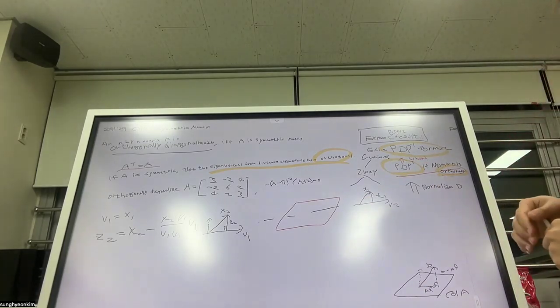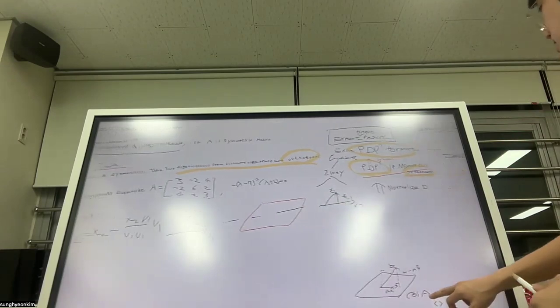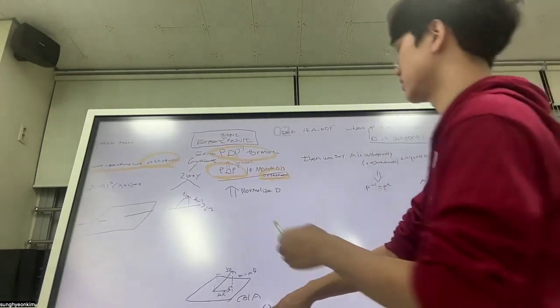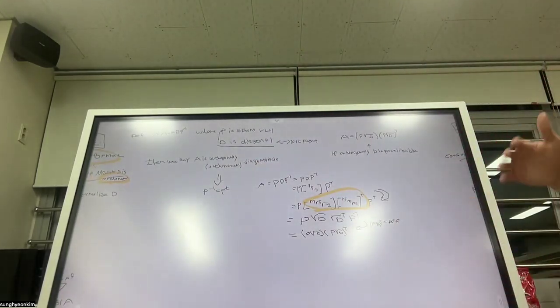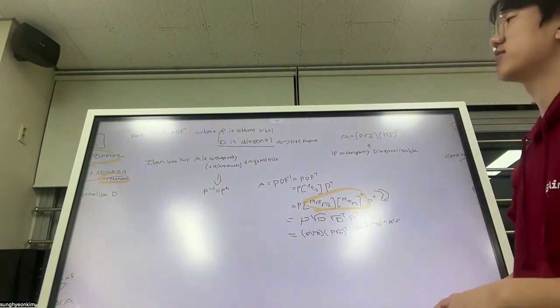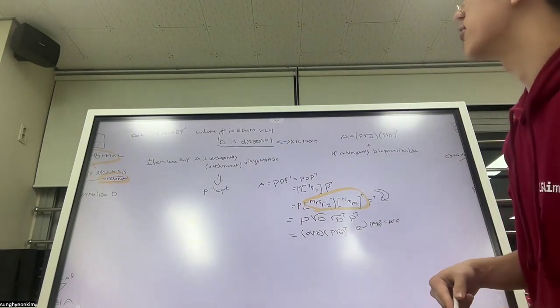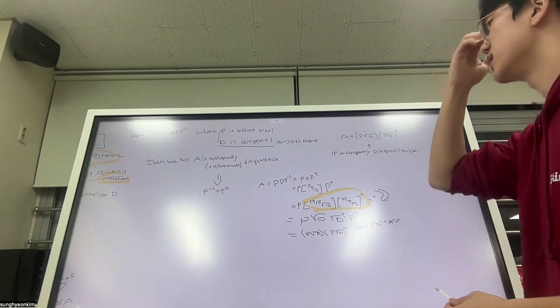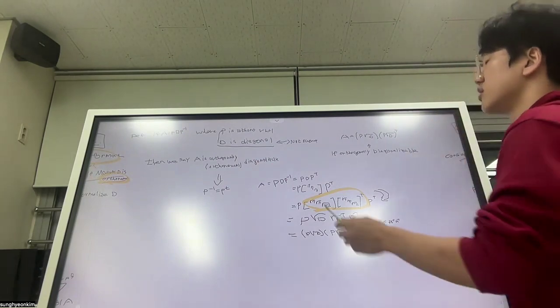So we can make matrix P orthonormal by dividing by length. Normalize it. So when A is PDP minus 1, able to factorize it, where P is orthonormal and D is diagonal, then we say A is orthogonally diagonalizable.